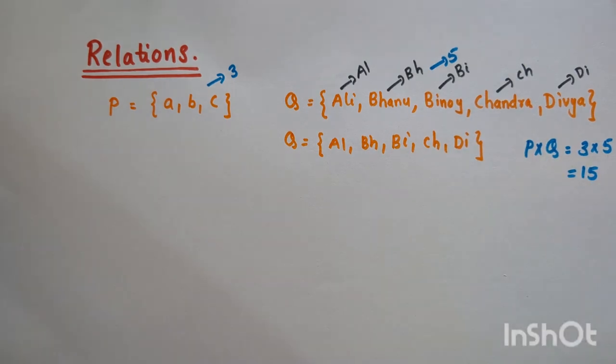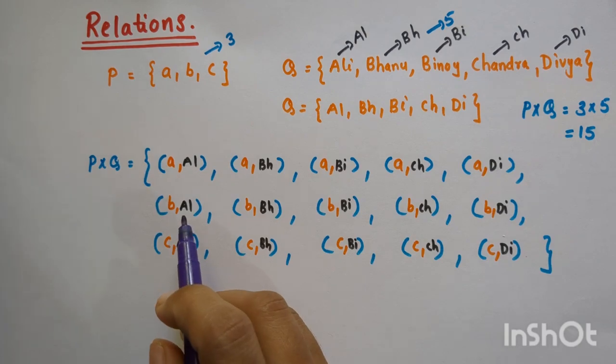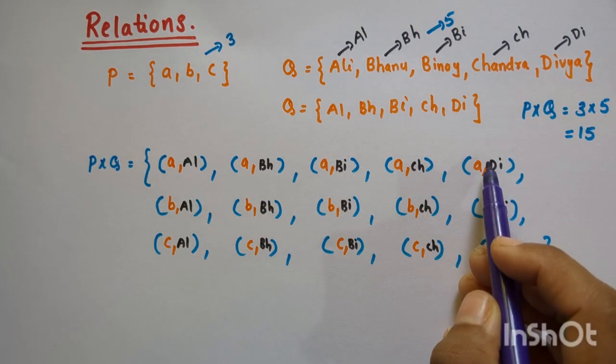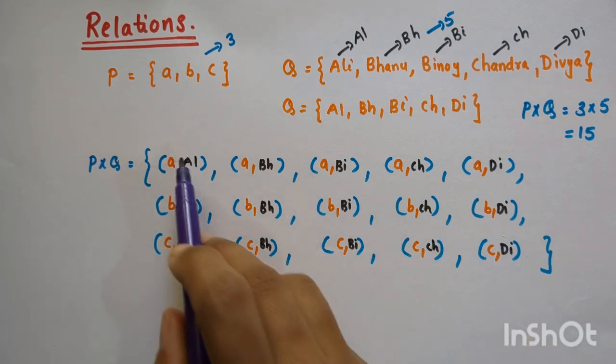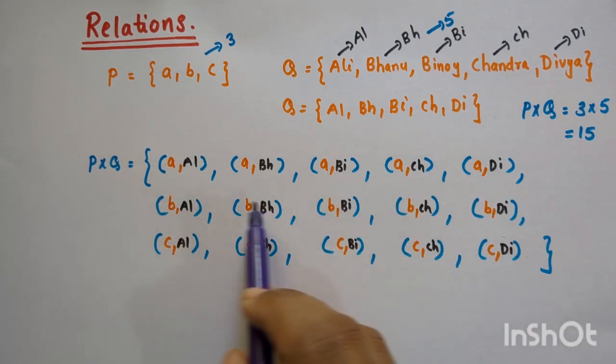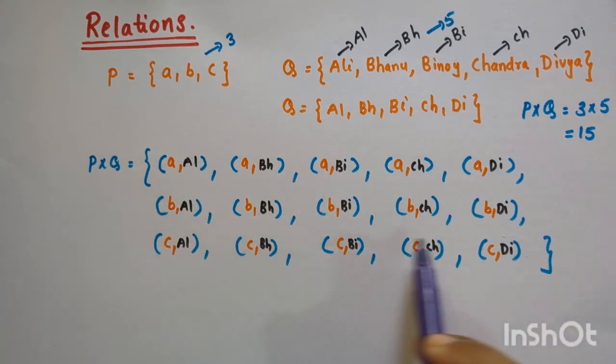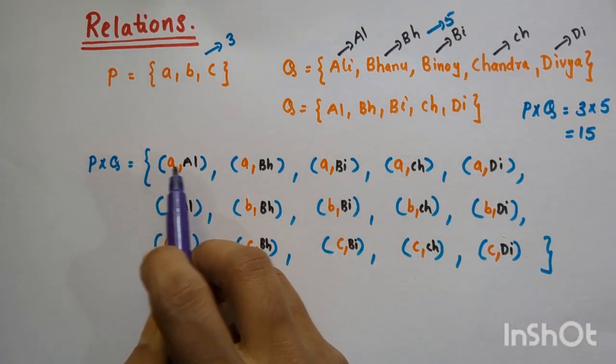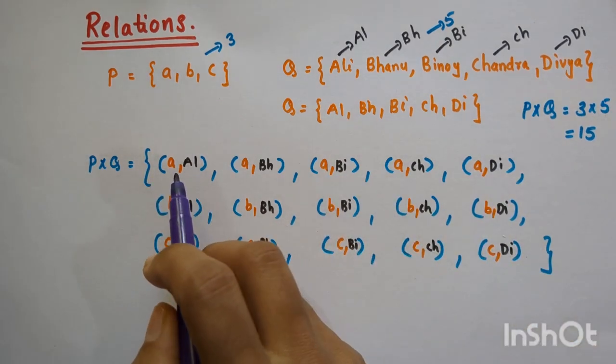What are they? The elements in P cross Q are these. These are the ordered pairs. 1, 2, 3, 4, 5, 6, 7, 8, 9, 10, 11, 12, 13, 14, 15. Fifteen ordered pairs are there. While writing the ordered pairs, we know that the order is important.